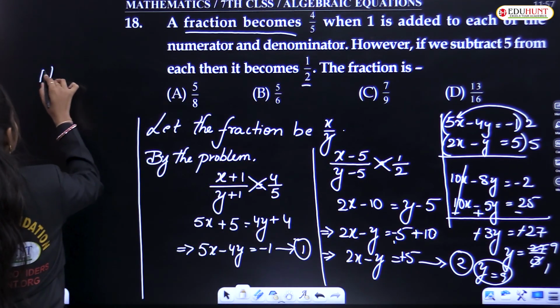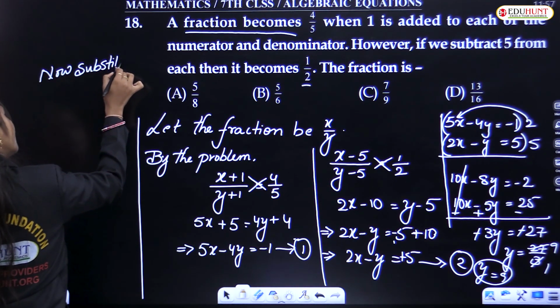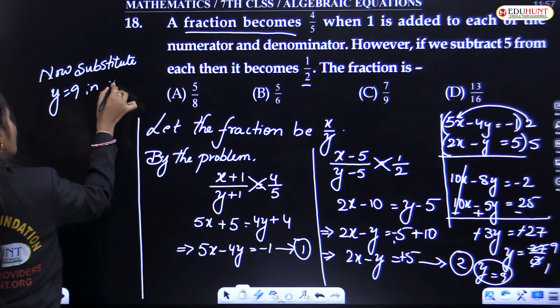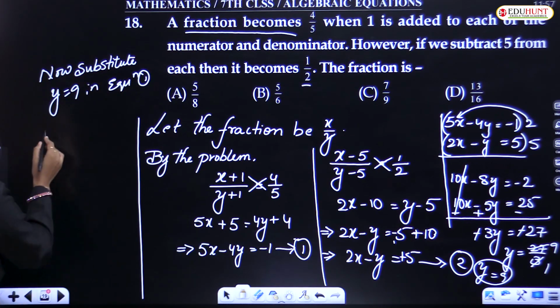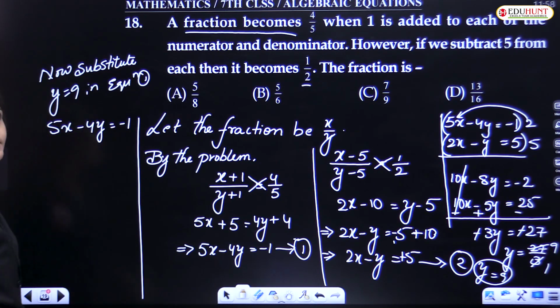Now substitute y is equal to 9 in equation number 1 or 2, that is your wish. I am going to take equation number 1. What is equation number 1 here? 5x minus 4y is equal to minus 1.